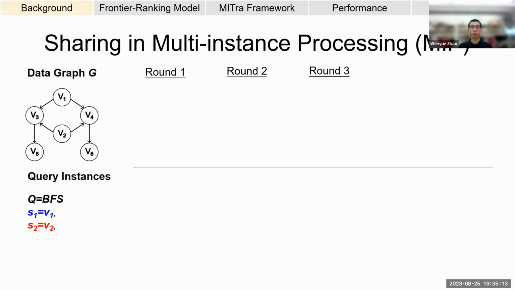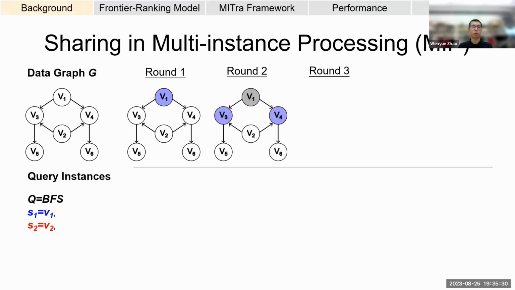For single instance processing, these two instances are processed one by one independently. We first start BFS from source vertex V1, traversing edges V1 to V3, V1 to V4 in round 1. In round 2, we traverse edges V3, V5 from vertex V3 and edge V4, V5 from vertex V4.